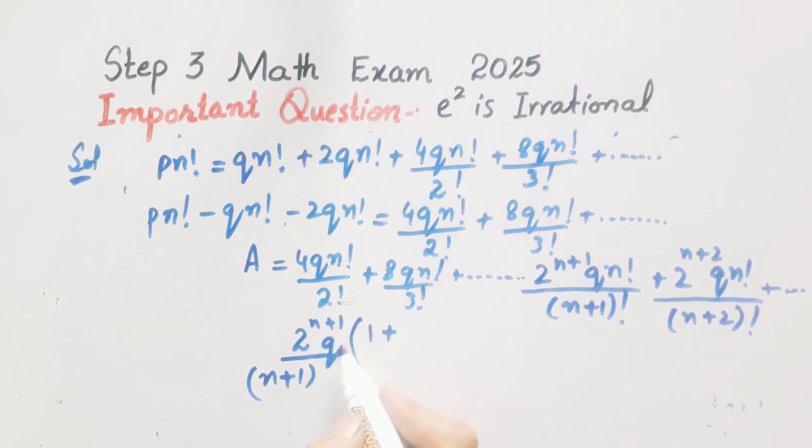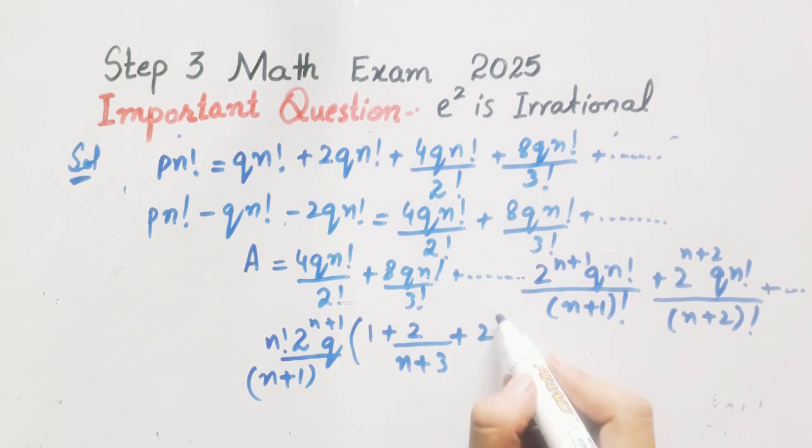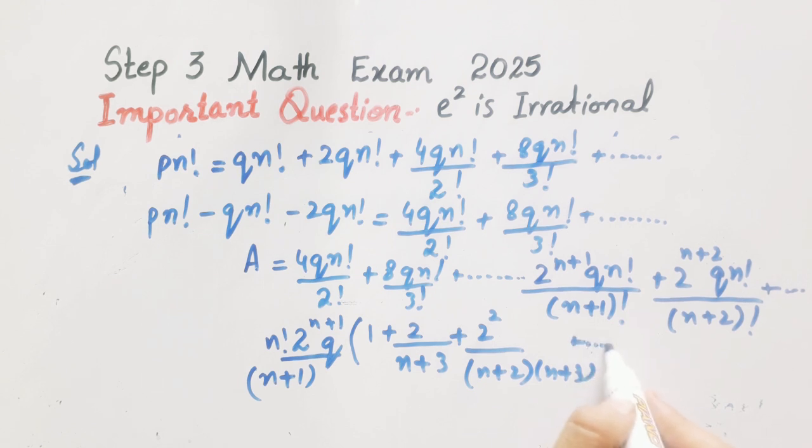So this can be written as 1 plus, and n factorial is also taken as common. So 1 plus 2 over n plus 2, or similarly you will get the next term 2 square by n plus 2 into n plus 3, and so on.